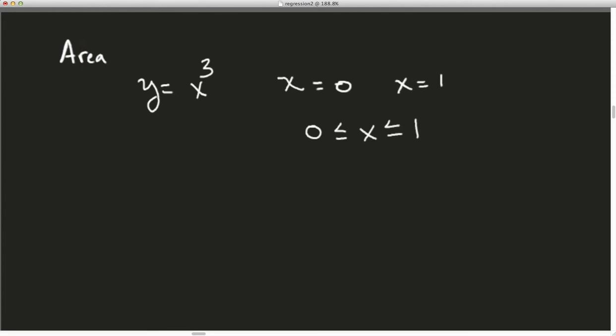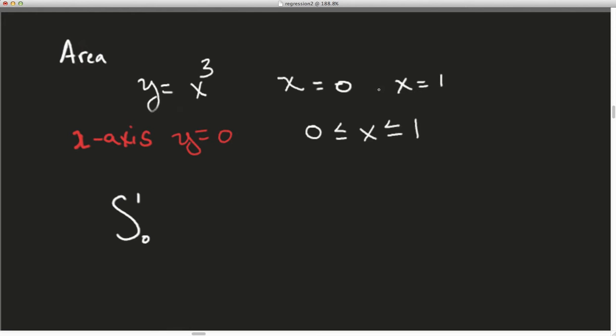Something like that. All you do in those scenarios is you set up an integral from 0 to 1, and if they don't give you two y values, usually there's two y equations, the second one is always going to be the x-axis. Do you remember what the equation for the x-axis is? It is y equals 0.